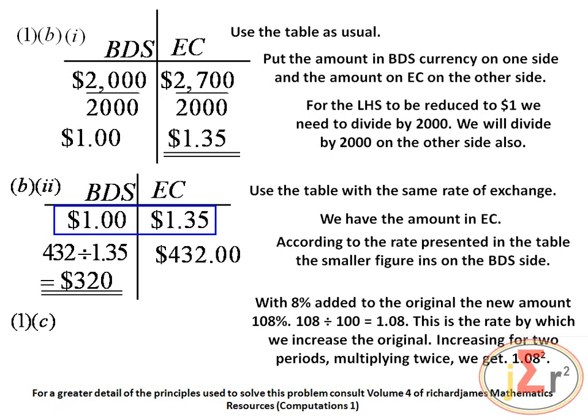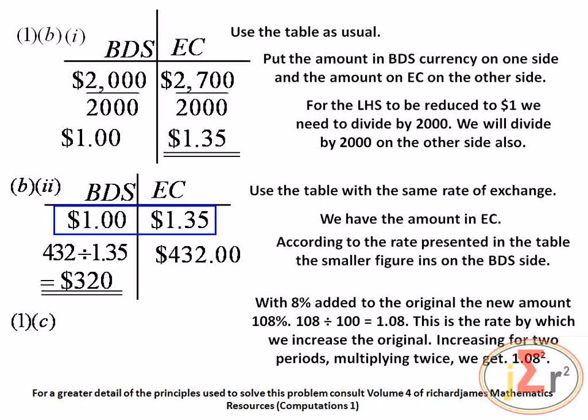After each period, we will have 1.08 times the amount that we had before. We have 2 periods, therefore we will multiply by 1.08 twice.